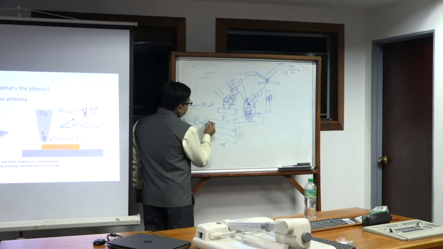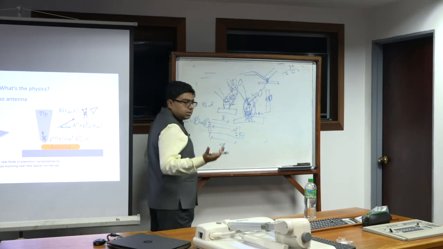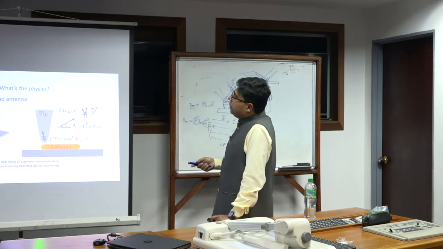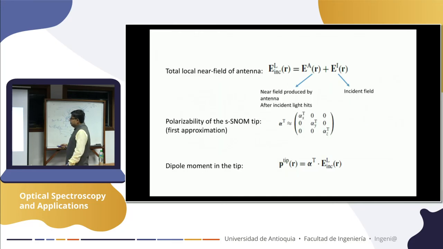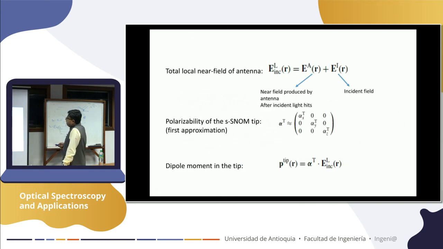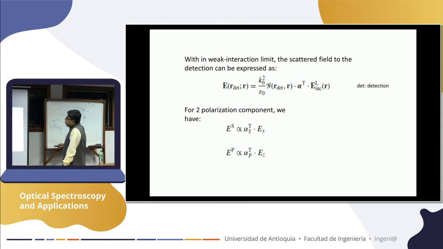So the more field you give, the more separated they get. So the more intense laser beam you give, the more polarized you make the tip, and we will see in a minute that the more you do that, the more scattered field you create.